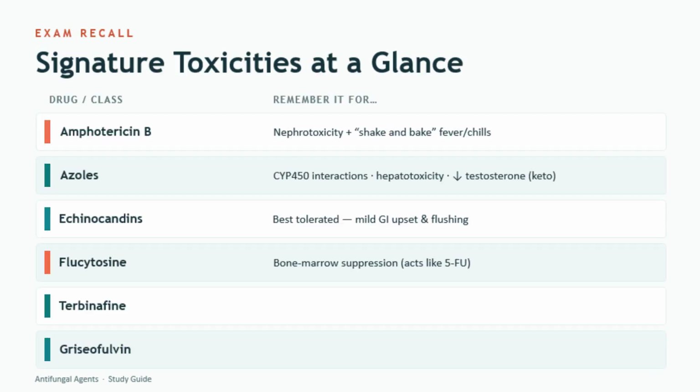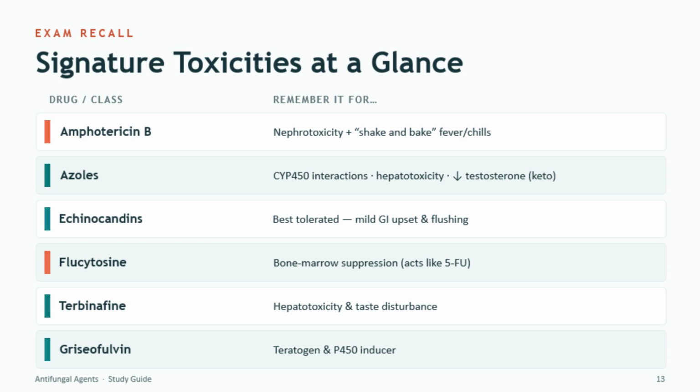Let's consolidate the toxicities, because examiners love to test the signature association for each drug. Amphotericin B: nephrotoxicity, plus the "shake and bake" fever and chills. Azoles: CYP450 interactions, hepatotoxicity, and dropped testosterone with ketoconazole.